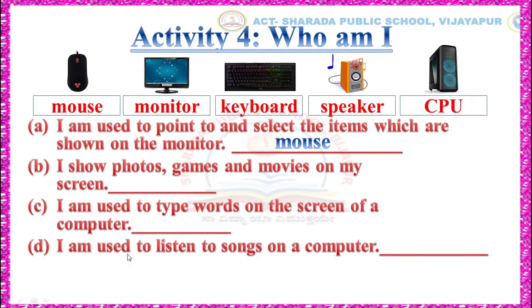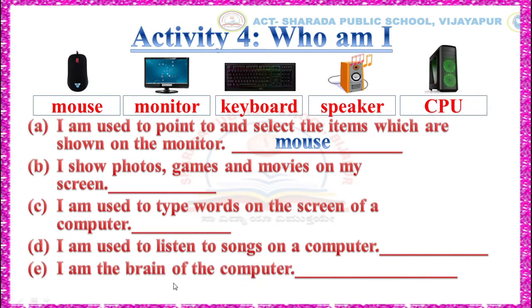D. I am used to listen to songs on a computer. E. I am the brain of the computer. Children, these remaining questions you need to solve on your own.